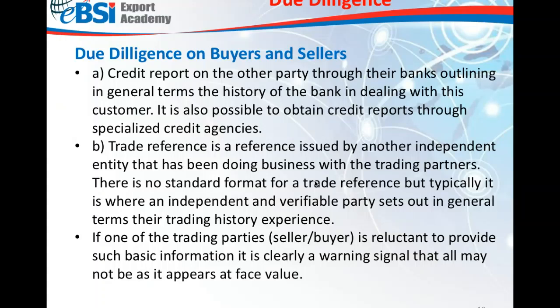You can also get a trade reference, which is a reference issued by another independent entity that has been doing business with the trading partner. There's no standard format for a trade reference, but typically it's where an independent and verifiable party sets out in general terms their trading history experience. If one of the trading parties is reluctant to provide such basic information, it's clearly a warning signal that all may not be as it appears at face value.